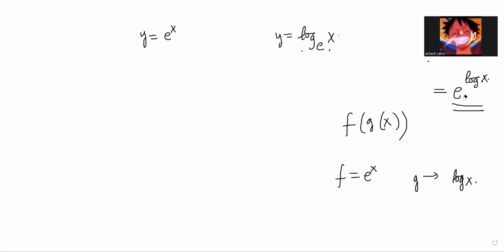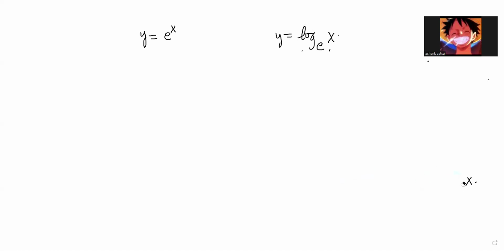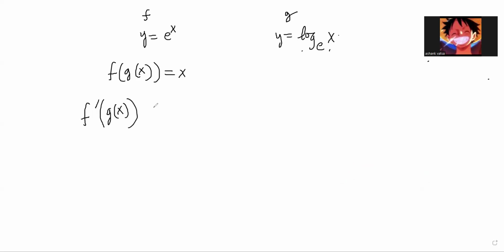We can now do the proof. Because they are inverse of each other, we know the rule that f of g of x would be x, right? Let's call this g and this f. So if I differentiate this by chain rule, I will get f dash g of x times g dash x is equal to 1, right?